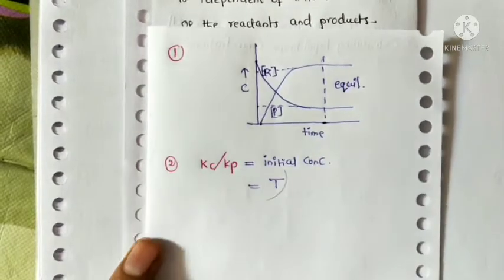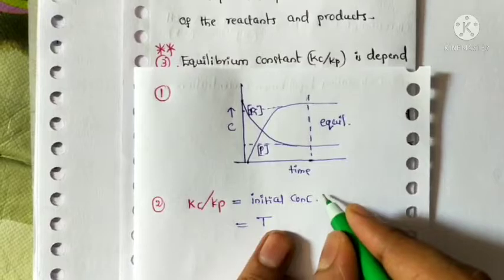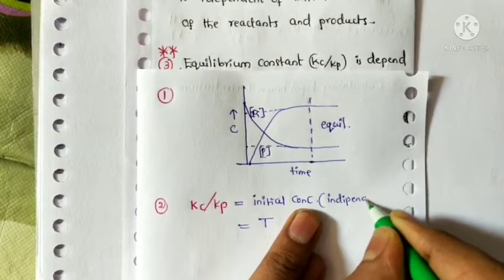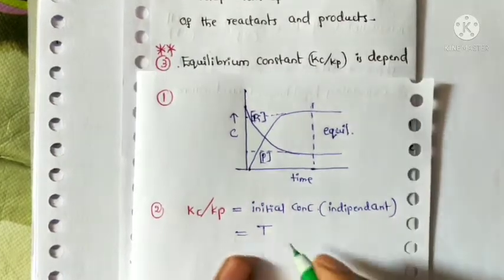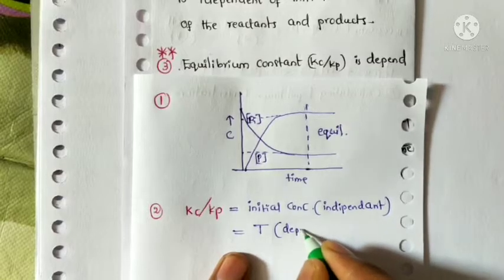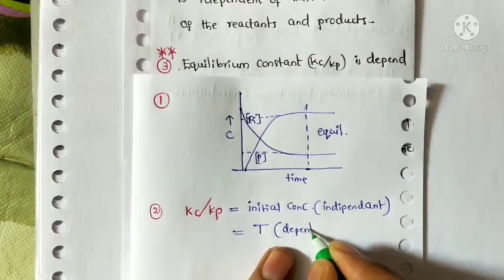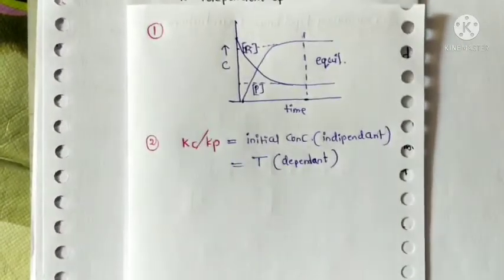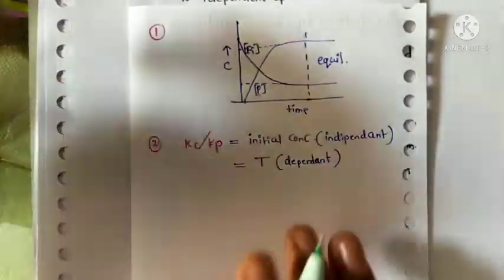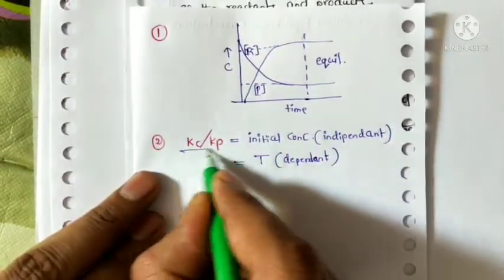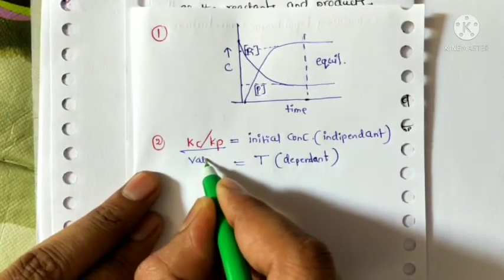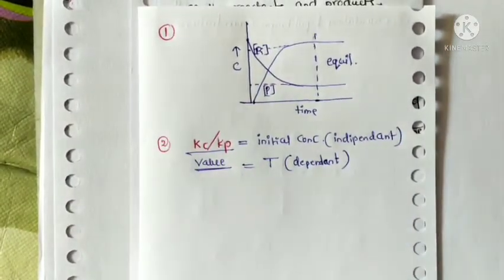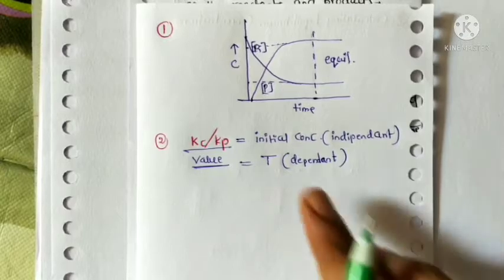This is very important. What is the equilibrium constant value? The equilibrium constant value is independent of initial concentration but dependent on temperature.